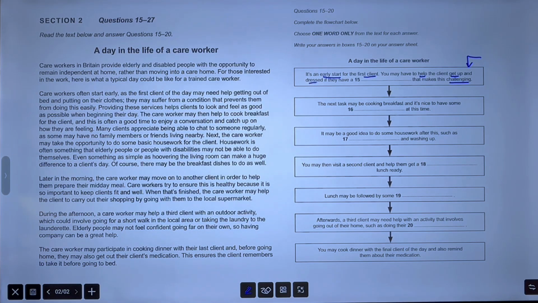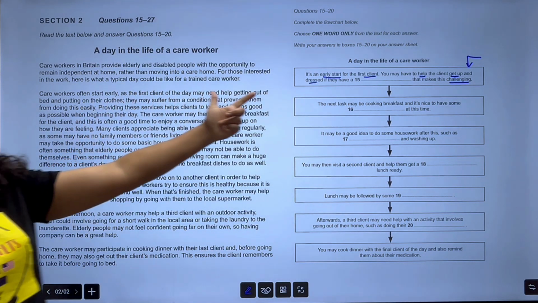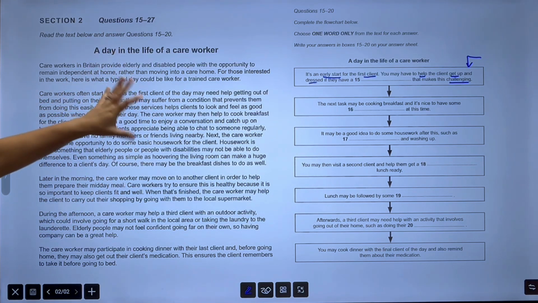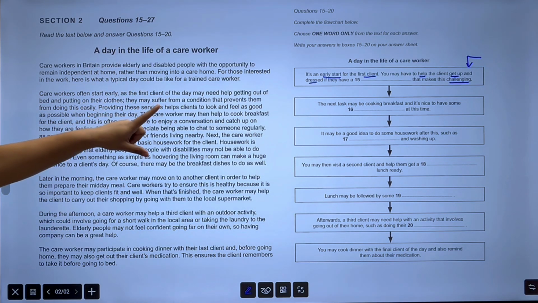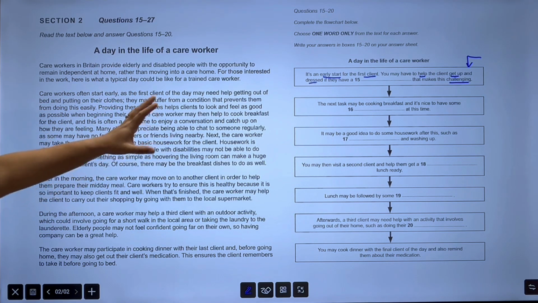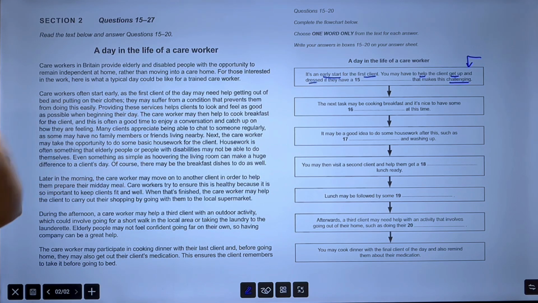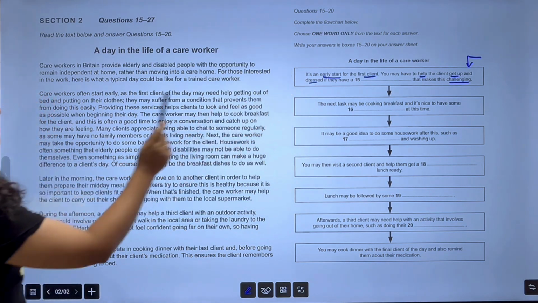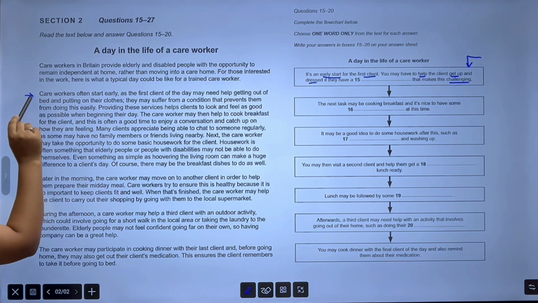Start scanning the text. Scanning the text means you have to move your eyes very quickly from the beginning of the text, searching for these keywords or synonyms or closely associated terms. So when I look at the text, I have some of the keywords over here in this paragraph.